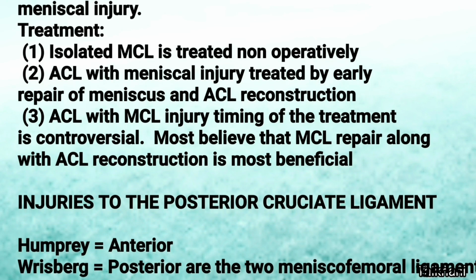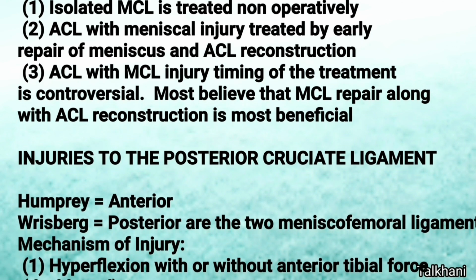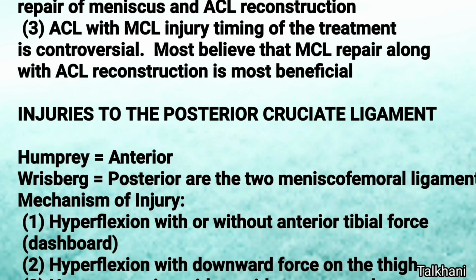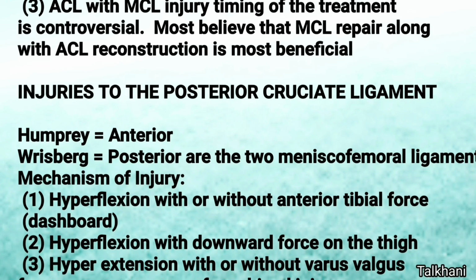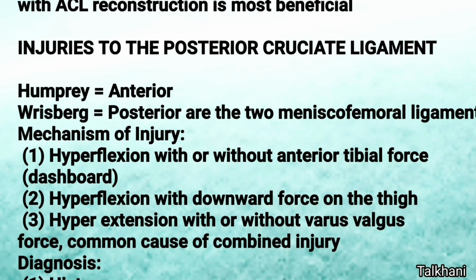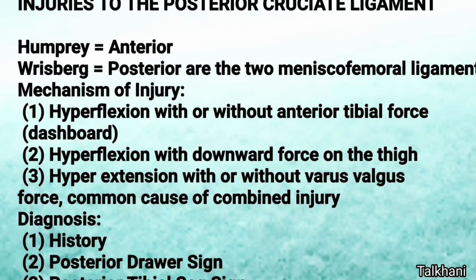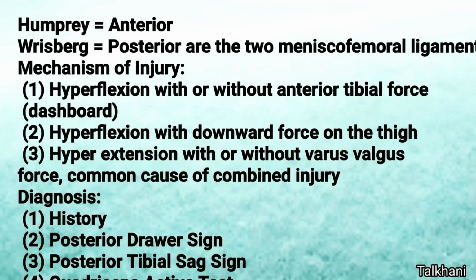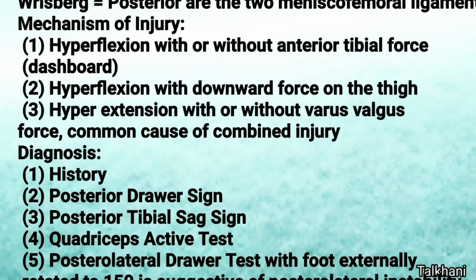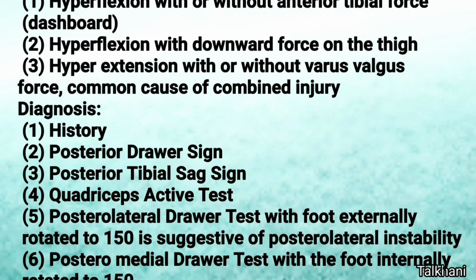Number 2, clinical examination might show positive posterior drawer sign, positive posterior tibial sag sign, positive quadriceps active test, positive posterolateral drawer test with foot externally rotated to 15 degrees suggestive of associated posterolateral instability, positive posteromedial drawer test with foot internally rotated to 15 degrees, positive external rotation recurvatum test or positive reversed pivot shift.